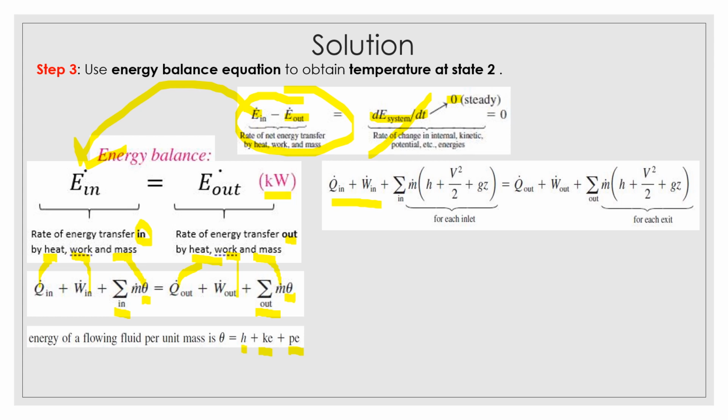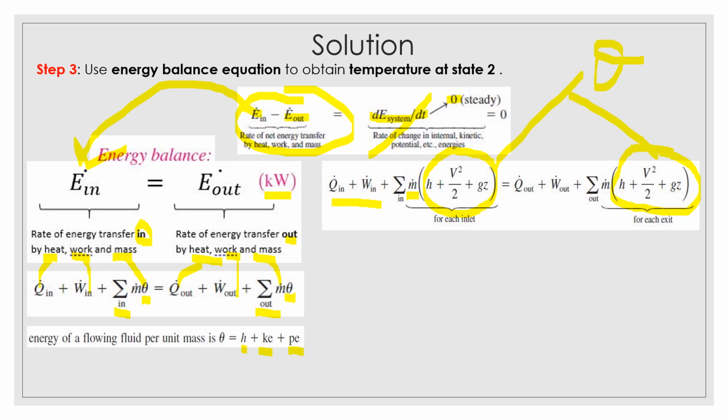Q in, W in, m dot or mass flow rate times theta. So this is the theta, same goes to the theta at the outlet region. We just substitute the theta in the energy balance equation.